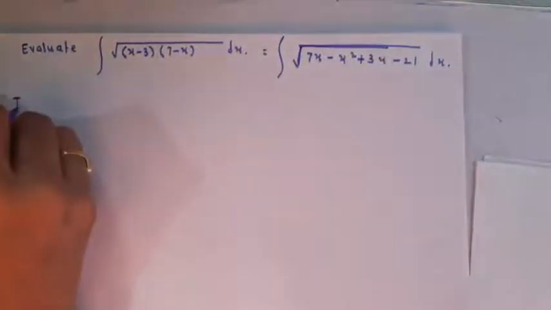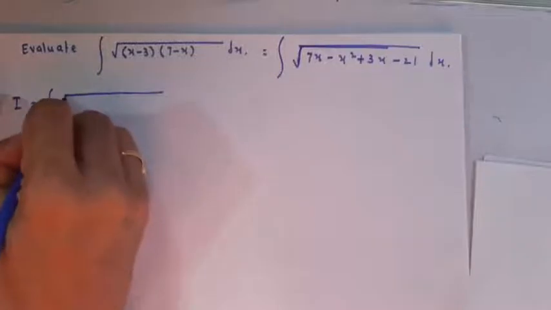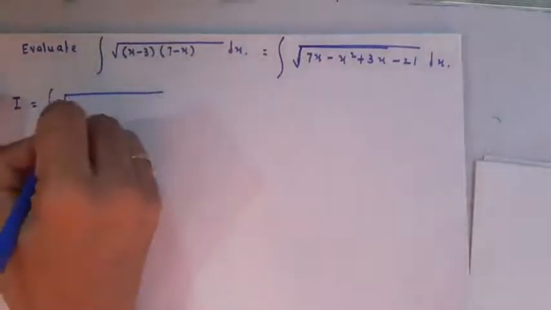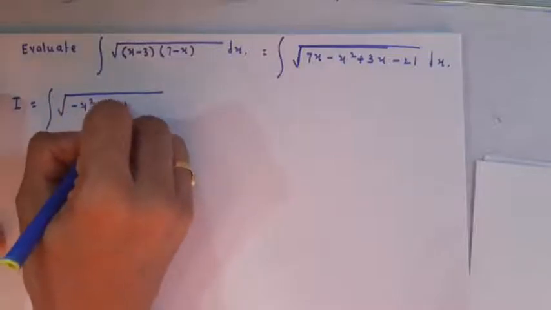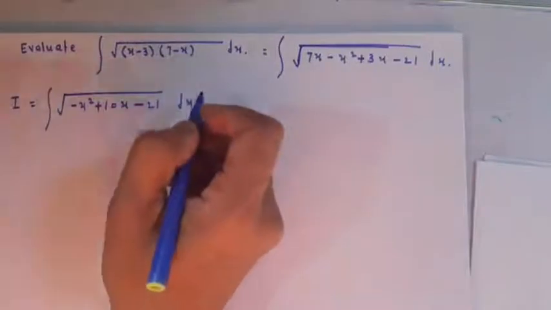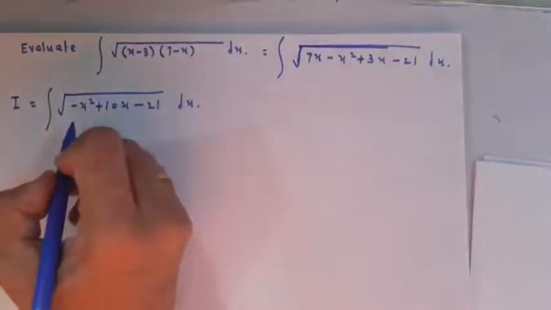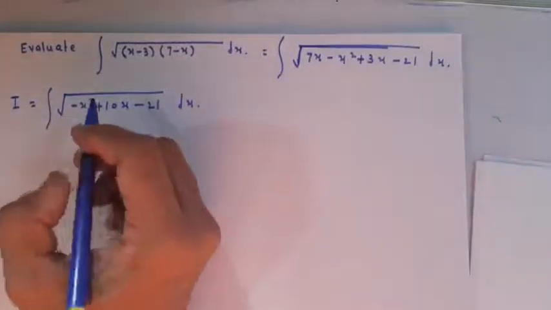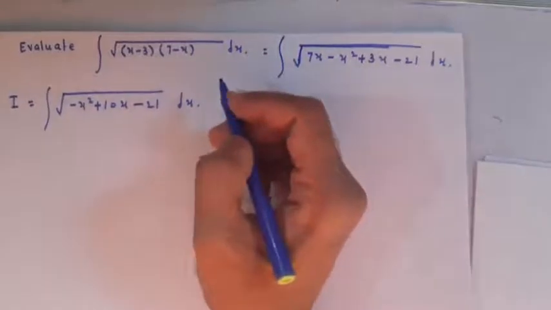And now let us consider the integration I equal to integration of minus x square plus 10x minus 21 with respect to x. Okay. Now as the coefficient of x square is negative, we have solved this type of problem in the last exercise also.